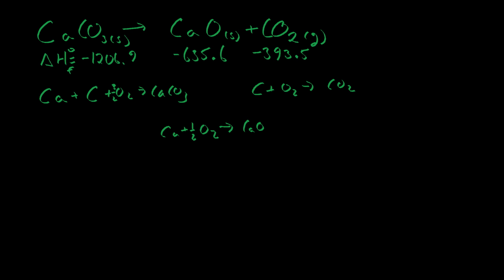We want it to be a reactant, so we need to multiply by -1. Calcium oxide and carbon dioxide are both products. They're both already in the products, so we just need to multiply them by 1. The reason it's 1 and -1 is because this reaction is already balanced with coefficients of 1. Otherwise it might be 2 or 3 or whatever.